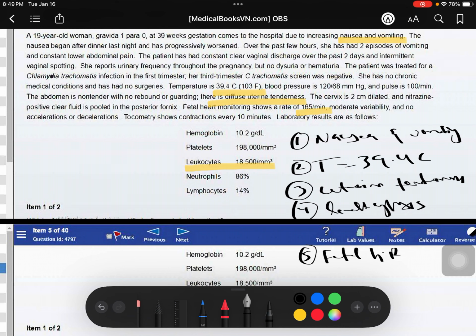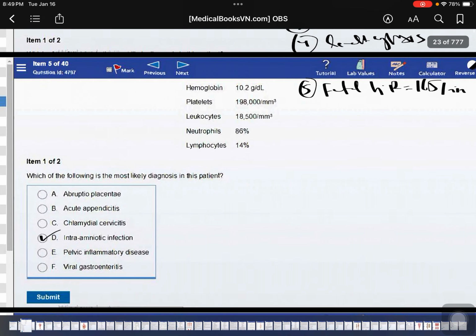Fetal heart rate is equal to 165 per minute. So these five are the hints for the diagnosis of this patient. And what is the diagnosis based on these five hints? The diagnosis of this patient is intra-amniotic infection, chorioamnionitis.